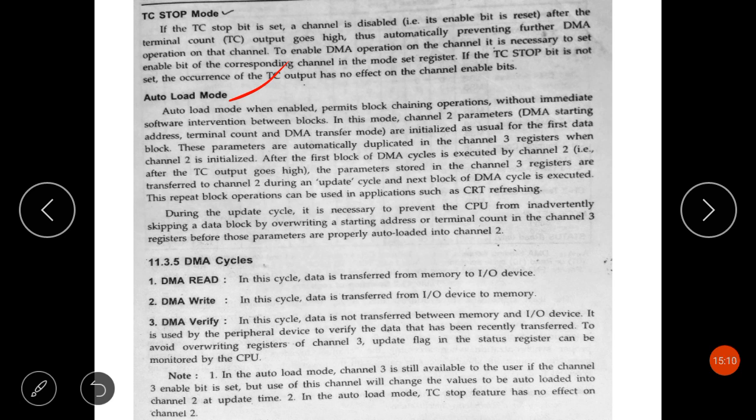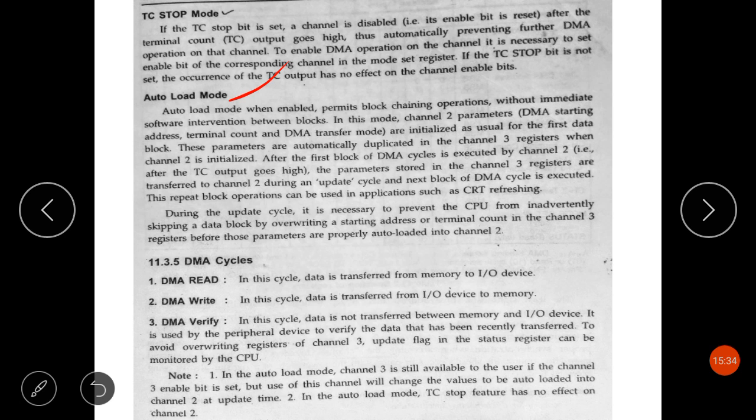After the first block of DMA cycle is executed by channel 2, that is after the terminal count output goes high, the parameters stored in the channel 3 registers are transferred to channel 2 during an update cycle, and the next block of DMA cycle is executed. This repeat block operation can be used in applications such as CRT refreshing.